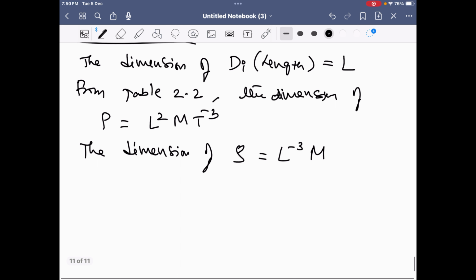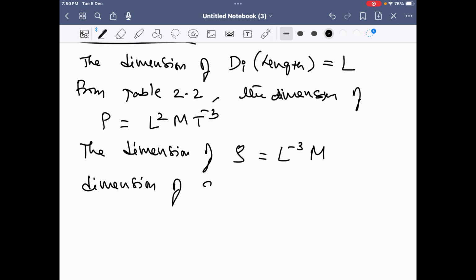So, a meter cube is L into L into L, L power minus 3 into m. The dimension of G, the gravitational constant, is nothing but L t power minus 2.